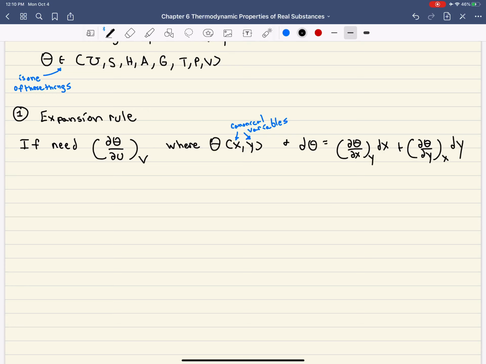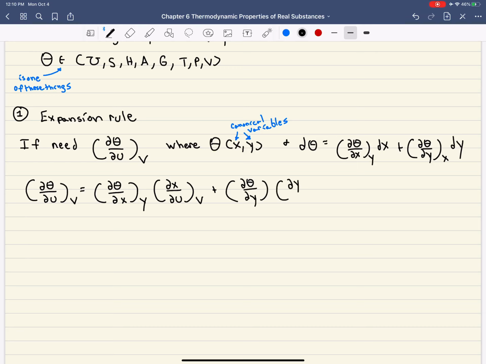That's what we've seen before. If you want this sort of derivative, you would want to apply the expansion rule: the partial of theta with respect to x at constant y times dx du at constant v, plus d theta dy times dy du at constant v. That's just the form of the expansion rule.